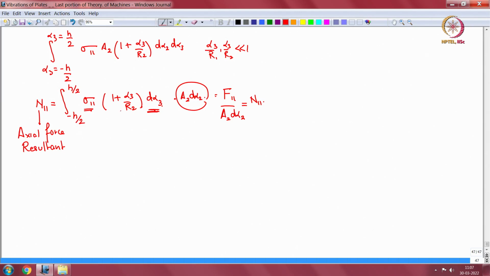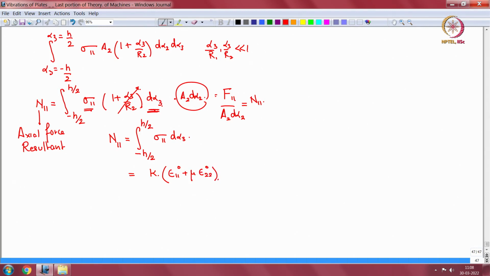Okay. Further we drop this alpha 3 by R2, that means N11 is equal to the integral from minus h by 2 to h by 2 of sigma 11 d alpha 3. Okay. So, this he wants to write as k times (epsilon 110 plus mu epsilon 220).